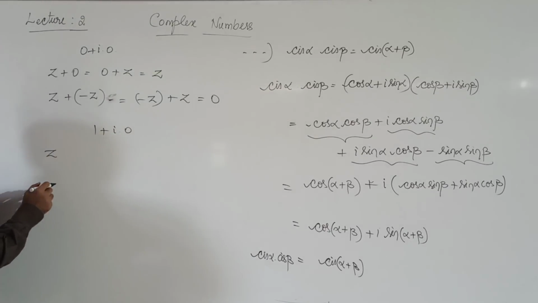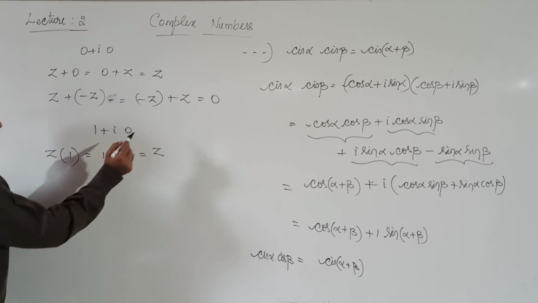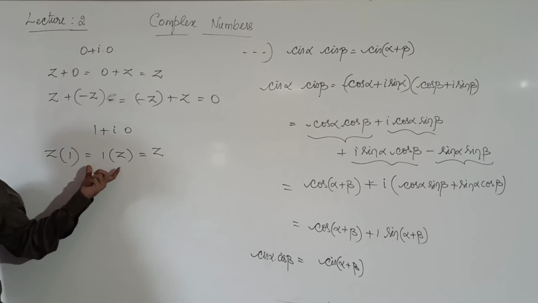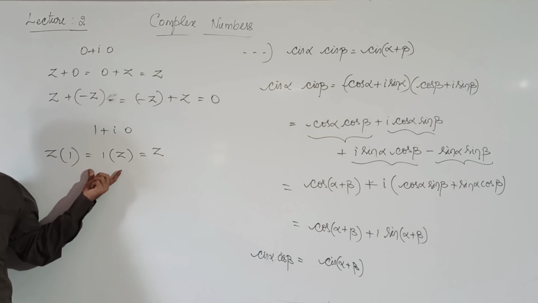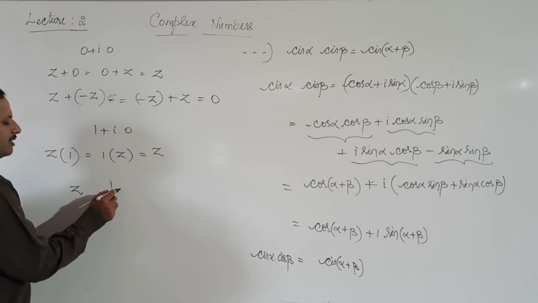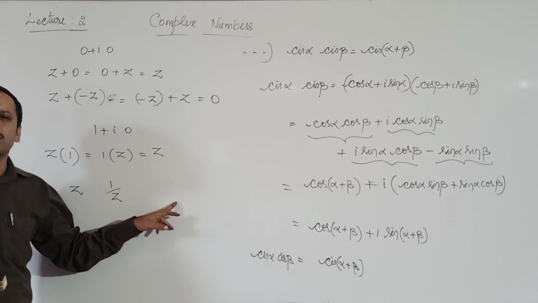Let z be any complex number, then z into 1 is equal to 1 into z is equal to z. Okay. So 1 is the multiplicative identity. Then what is the multiplicative inverse? So for z, the multiplicative inverse is 1 by z, because the product will be equal to 1.